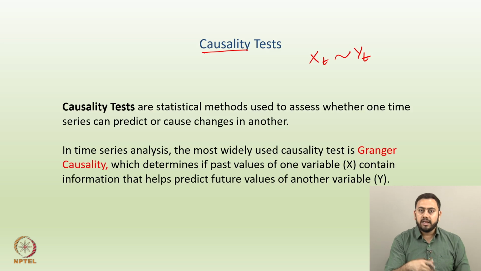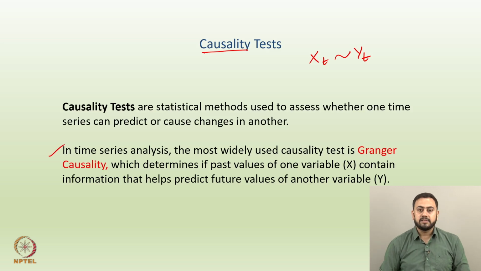High correlation does not necessarily imply that there has to be some causation between xt and yt. But the focus of today's lecture will be causation, where one of the variables causes some change in the other or vice versa. To summarize one more time, causality tests are statistical tools or techniques used to assess whether one time series can predict or cause some changes in the other.